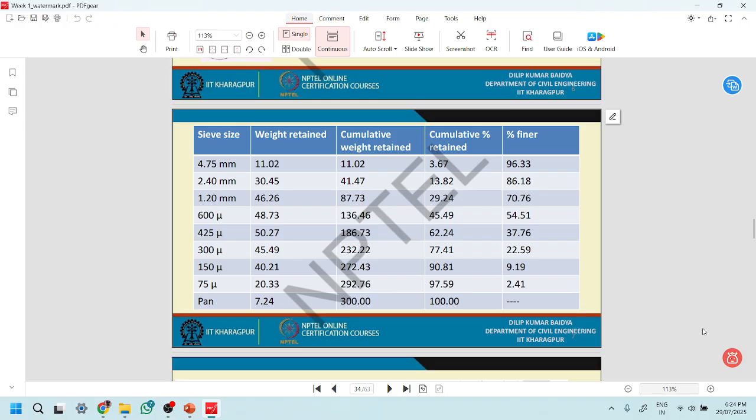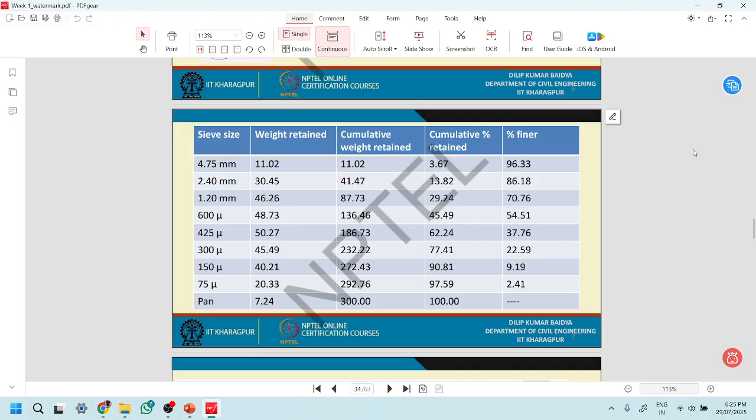Here, on the pan, the material retained is 7.24 grams. That means it's indirectly silt and clay. I'm trying to see the cumulative weight.